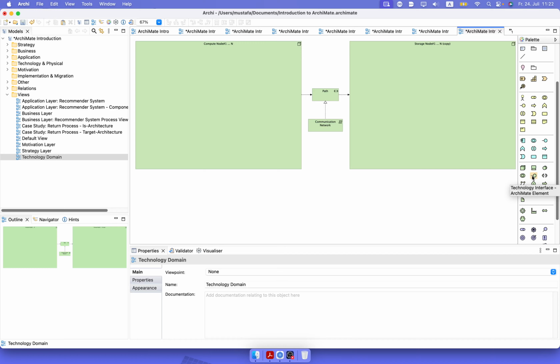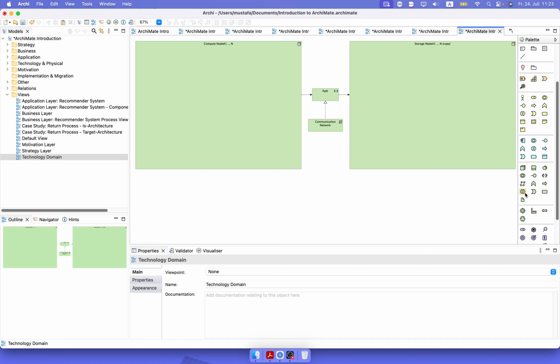This could be some of the hardware protocols. For example, you can have MQTT, or you could have different hardware protocols that need to be modeled, so you can have them using the hardware technology layer interface. The path we have seen, the communication network we have seen, function, technology, function, technology, process.